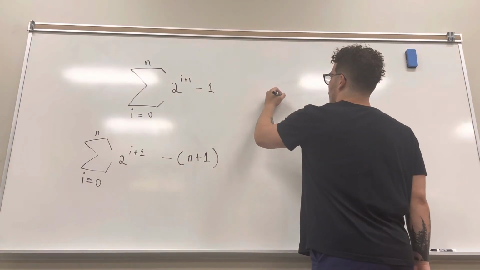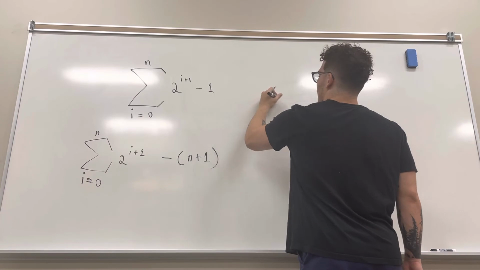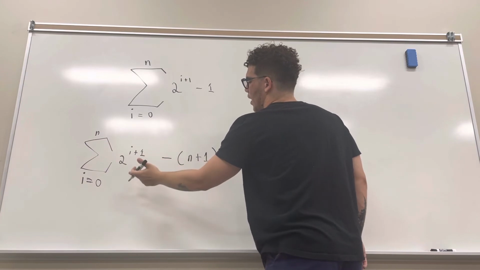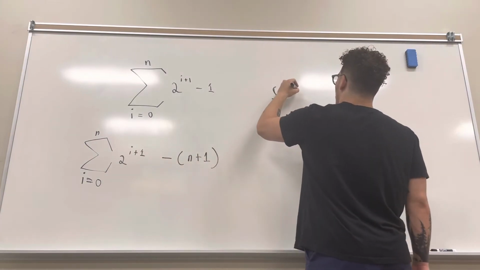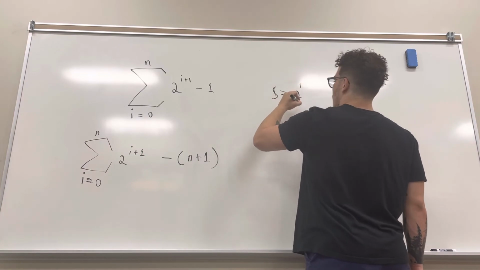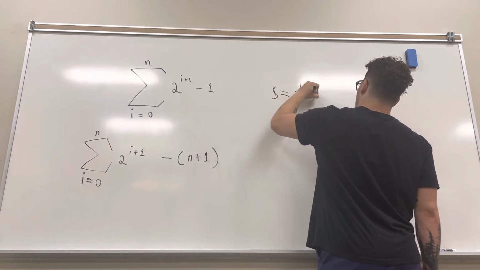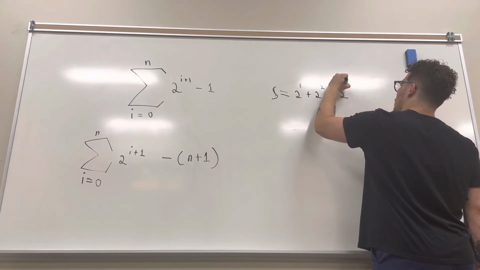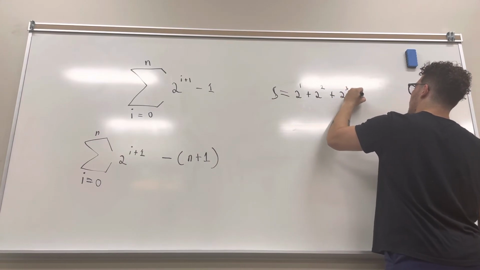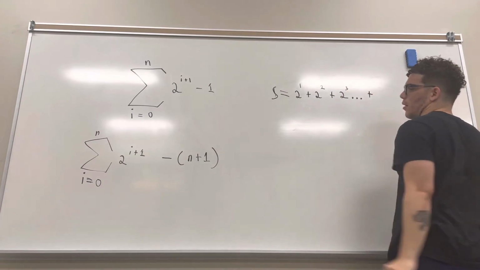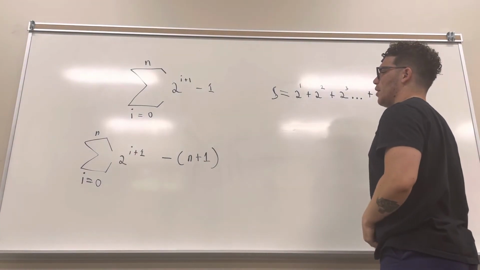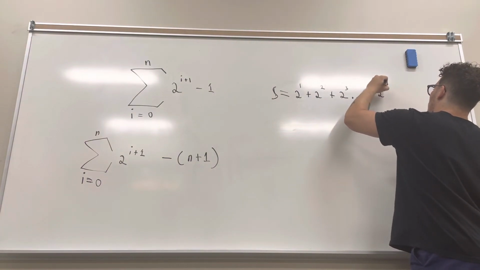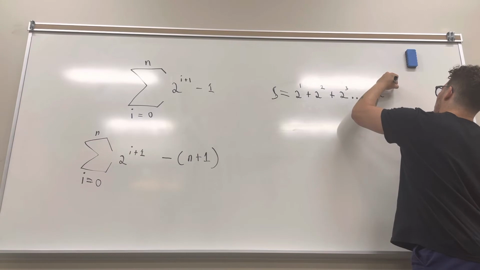We have s equals, and so i starts at 0, but there's this plus 1, so it's going to start at 2 to the first, plus 2 to the second, plus 2 to the third, dot dot dot, plus, and then it goes all the way up to n, so it's going to be 2 to the n plus 1.